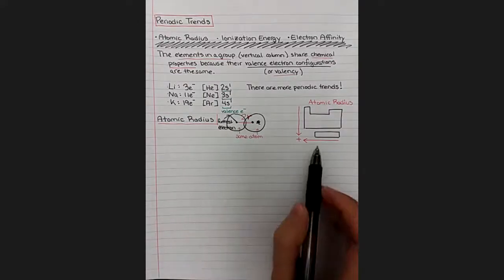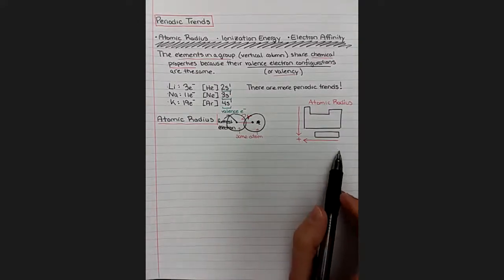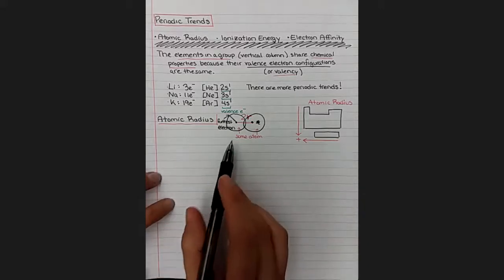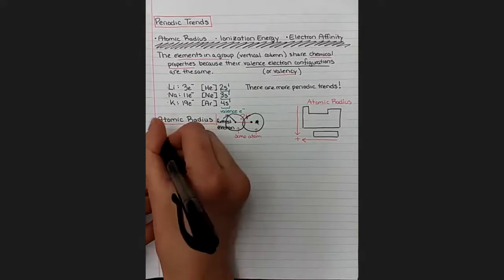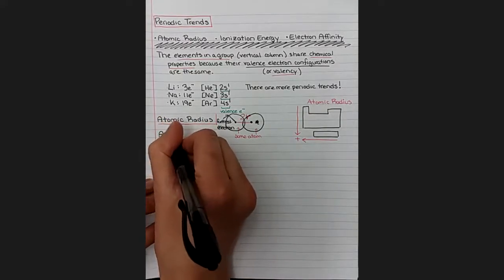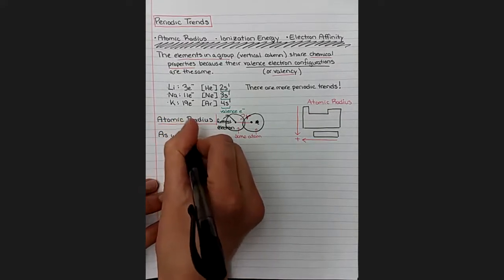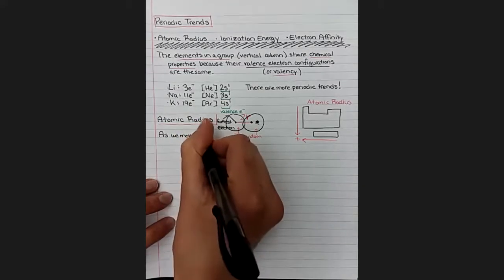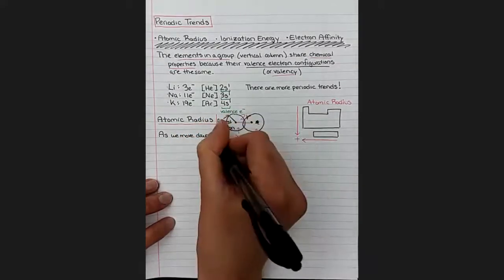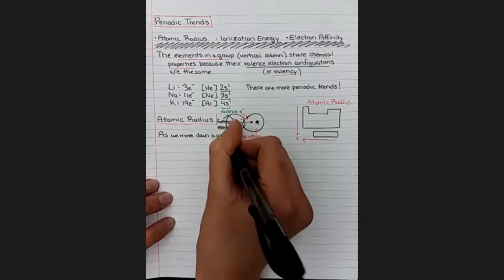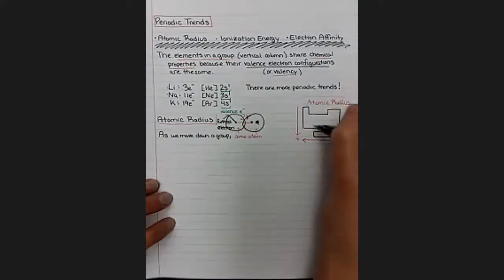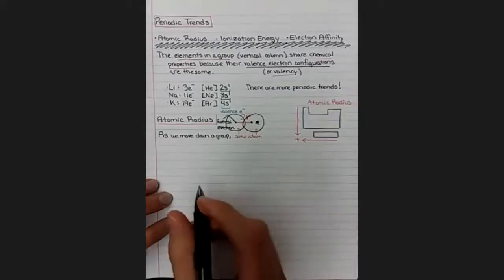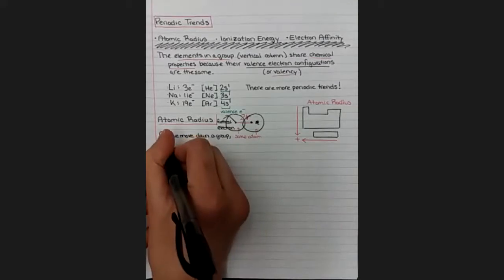So how do we find out what this trend is vertically and horizontally in the table? How can we predict whether the radius is going to increase or decrease? Here's what we know. As we move down a group in the table, those atoms are getting significantly bigger. We're adding a huge chunk of protons, and for every proton, we're adding an electron so that they stay neutral.